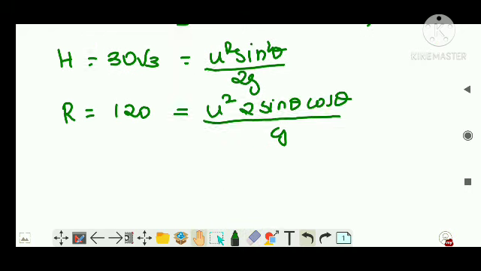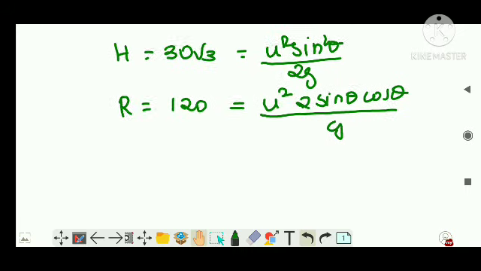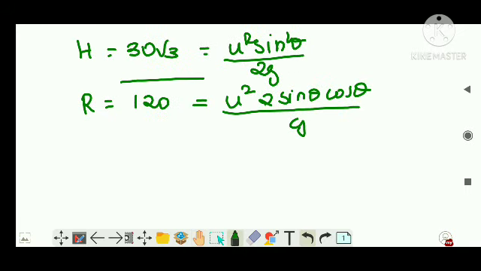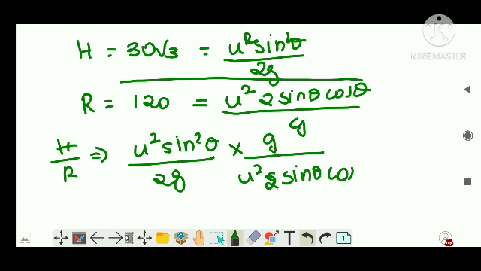How can you calculate this answer? What I'm going to do is divide these two like this, that is h by r. H is u squared sine squared theta by 2g. When it is divided by r, then g comes up, then there is u squared 2 sine theta cos theta.